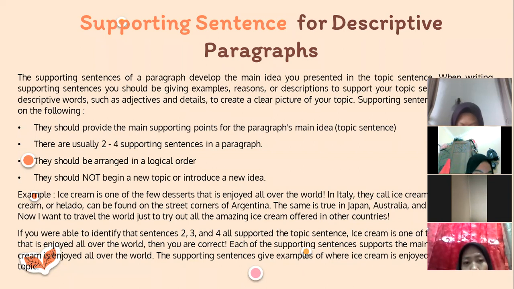They should be arranged in a logical order. They should not begin a new topic or introduce a new idea. Example: Ice cream is one of the few desserts that is enjoyed all over the world.